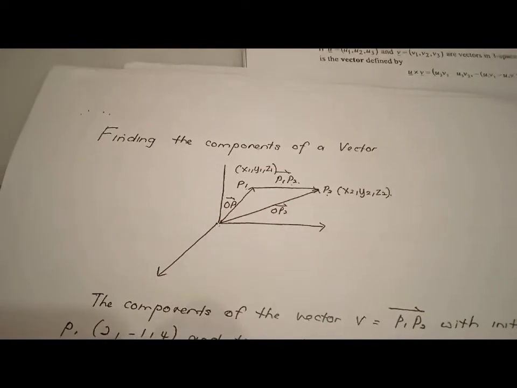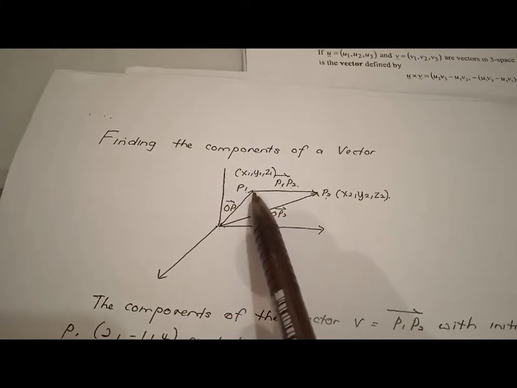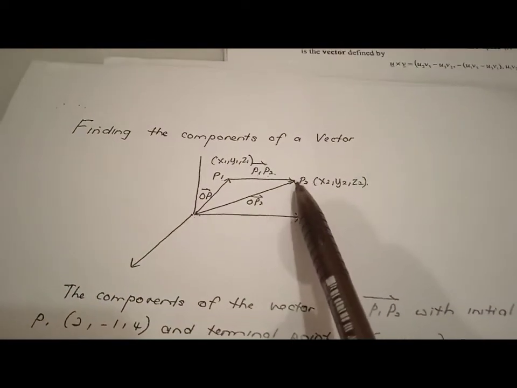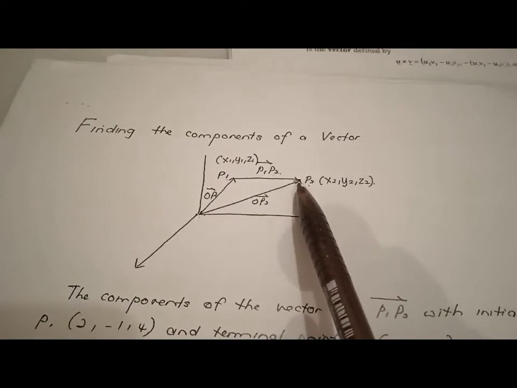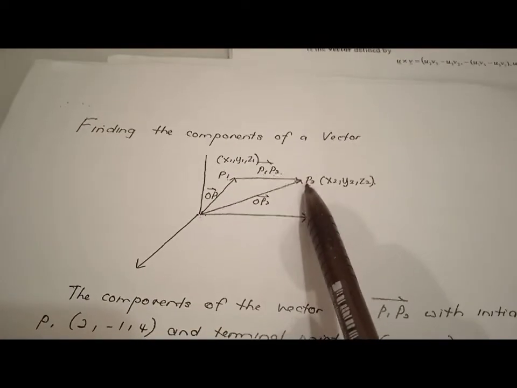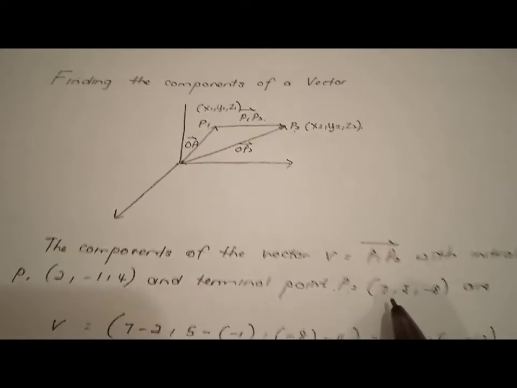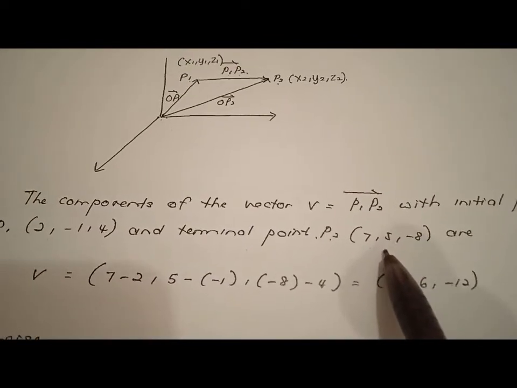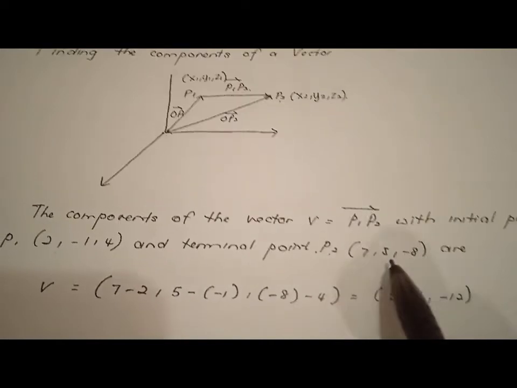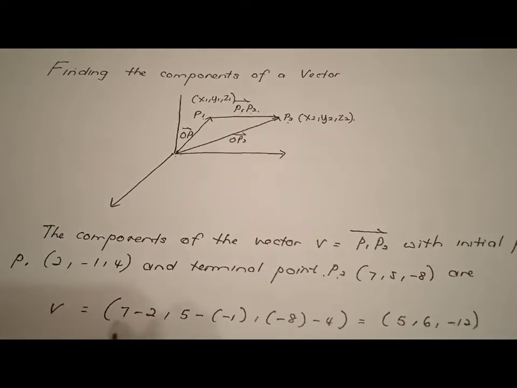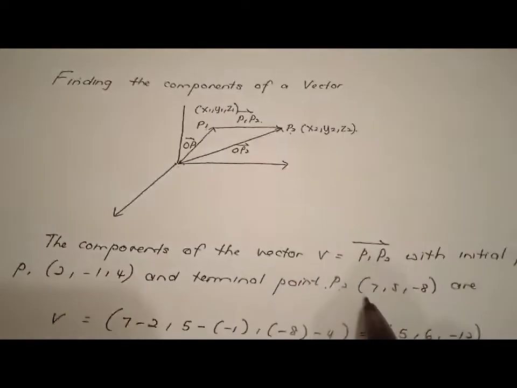The initial point given is P1, meaning that from the initial point here, the component at P1 is given by 2, minus 1 and 4, and the terminal point, the end point of this arrow P1P2, we call this the terminal point, is given by the components 7, 3, 5 and negative 8. So to find the component of vector P1 to P2, we take the terminal point here minus the initial point.